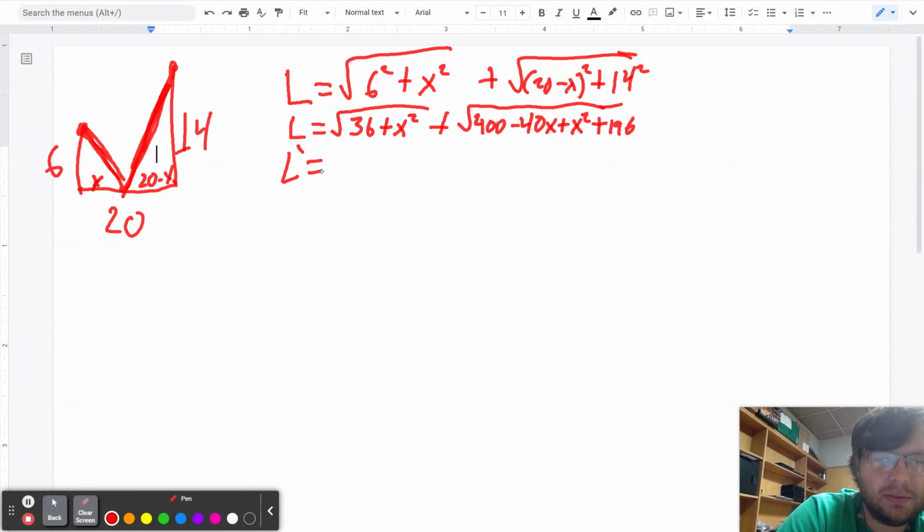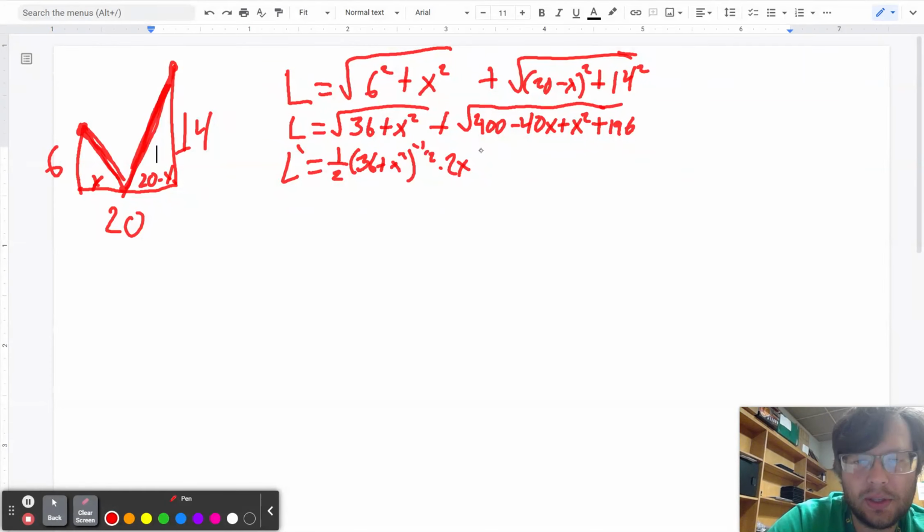And so the derivative is going to be 1/2 times 36 plus x squared to the negative half times 2x, plus 1/2 times 400 minus 40x plus x squared plus 196. I should have combined that.